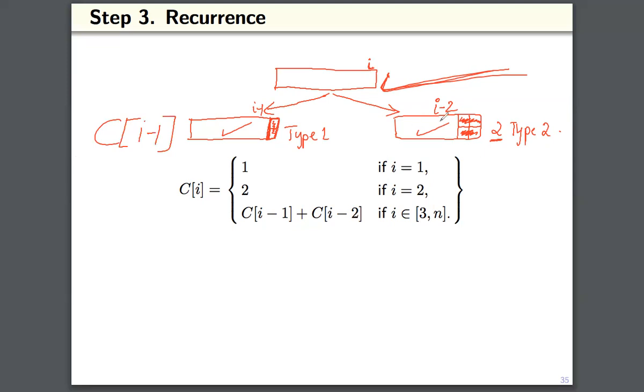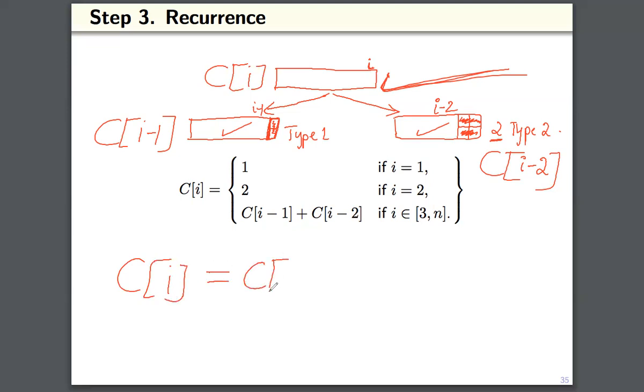Right side has I minus 2 columns, so the number of ways to tile it is C of I minus 2. This is anyway C of I. So C of I is the sum of these two.